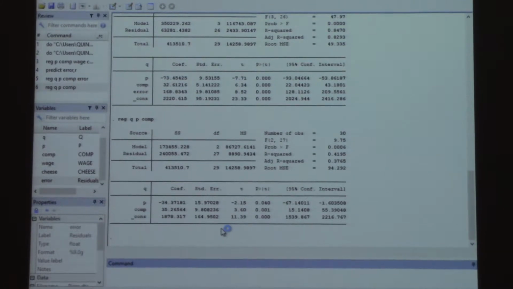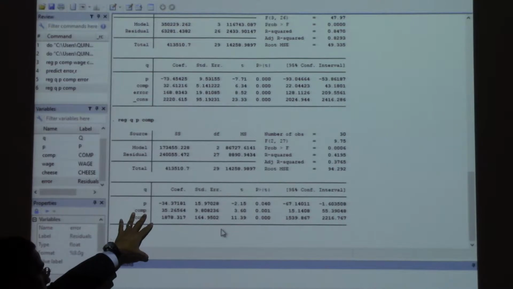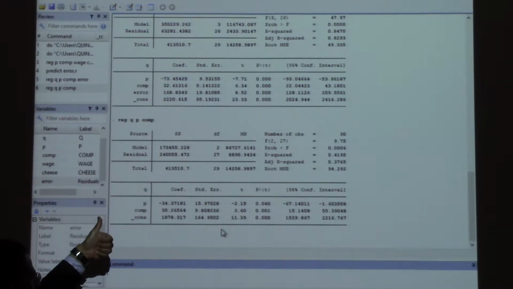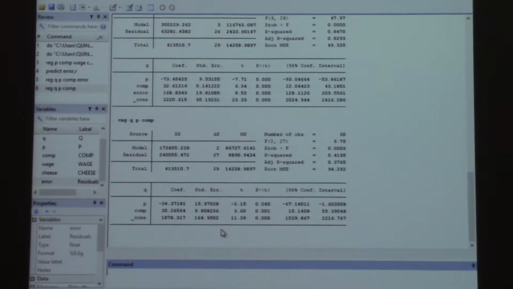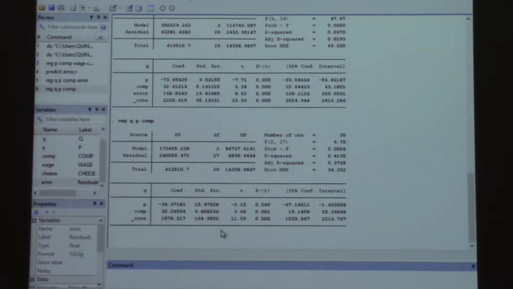Here's our ordinary least squares demand curve that we know suffers from endogeneity because we just ran a Hausman test, and it tells us it does. According to this regression, for every $1 increase in price, we're going to sell 34 fewer pizzas per month, or vice versa. For every $1 decrease in price, we're going to sell 34 more pizzas. So that gives us one estimate of our demand curve.